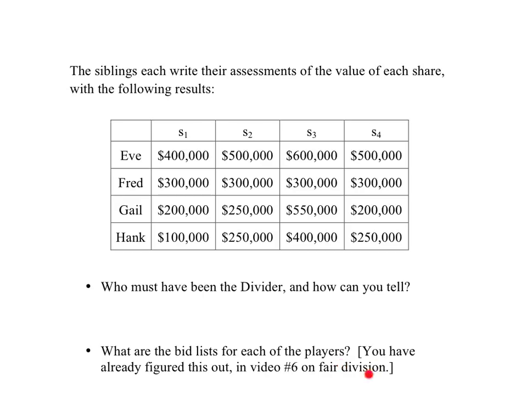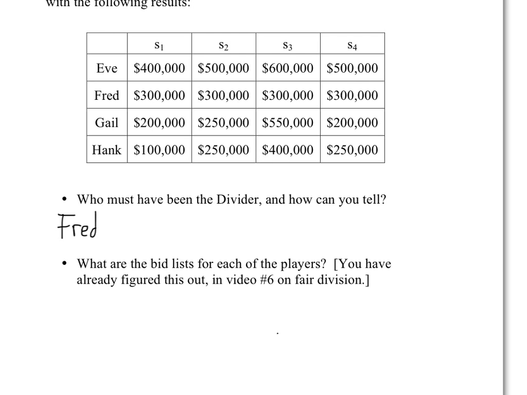You've actually already done this in video number 6 in this chapter. Well, Fred must have been the divider, because only Fred values each share equally. No one else could possibly have been the divider, because if you look at other players' valuations, they don't value each share equally, which means that they would never have carved up the land in that particular way.